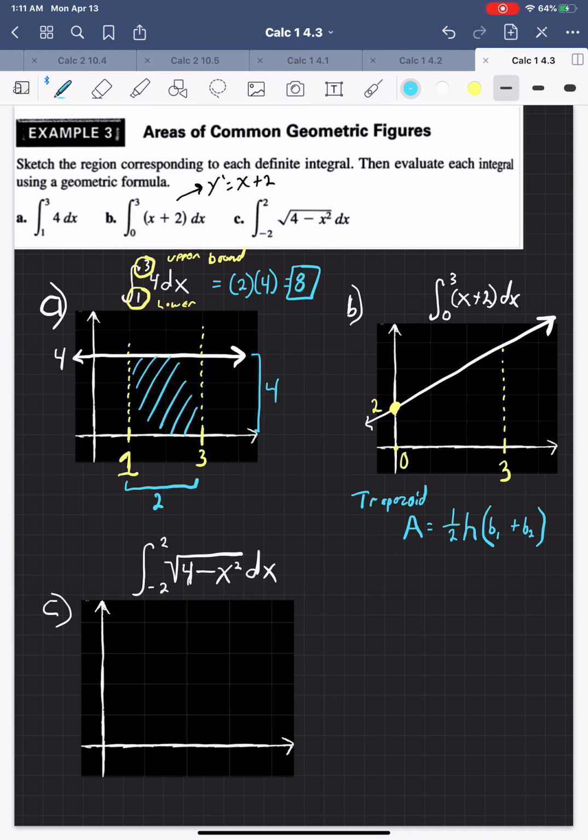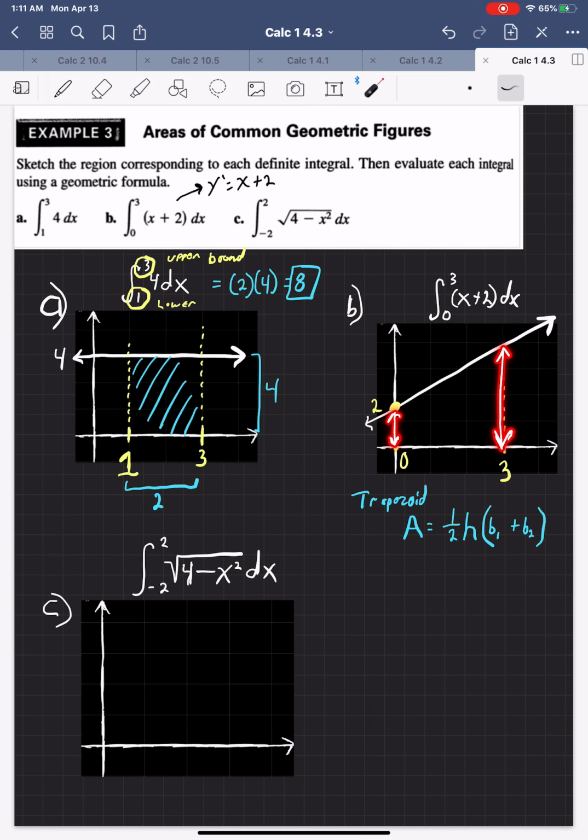So what we need to do now is figure out the height, b sub 1, and b sub 2. Notice that this side of this quadrilateral and this side of this quadrilateral are the sides running parallel to each other.